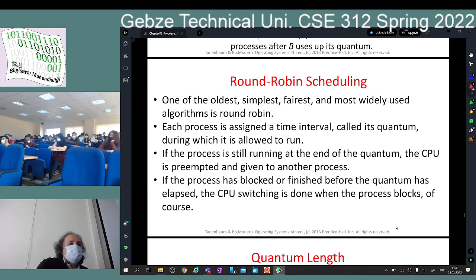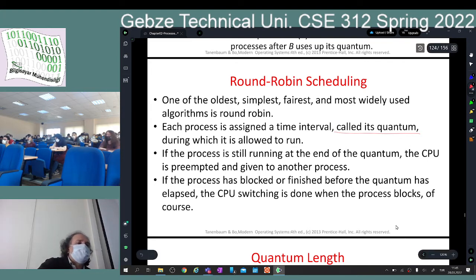Each process is assigned a time interval. It's called the quantum. If it is assigned a time interval, that means it is a preemptive operating system, a preemptive scheduler. That time interval is called quantum time. So you are given, for example, 50 milliseconds. You have 50 milliseconds, now you are running. During that time I am allowed to run.